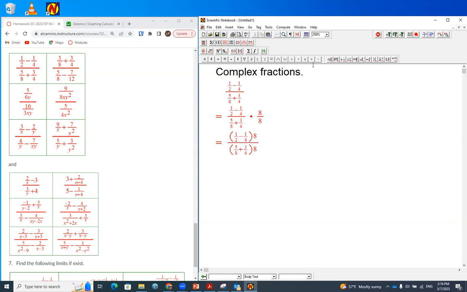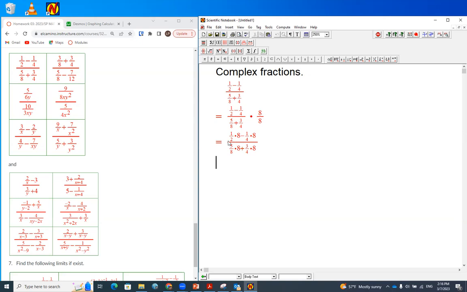So this 1/2 will be multiplied by 8, and 1/4 will be multiplied by 8, right? And the 8 will be distributed to 5/8, and 8 will be distributed to the next one, which is 3/4, and the parentheses can be removed. And each one of these fractions will need to be reduced.